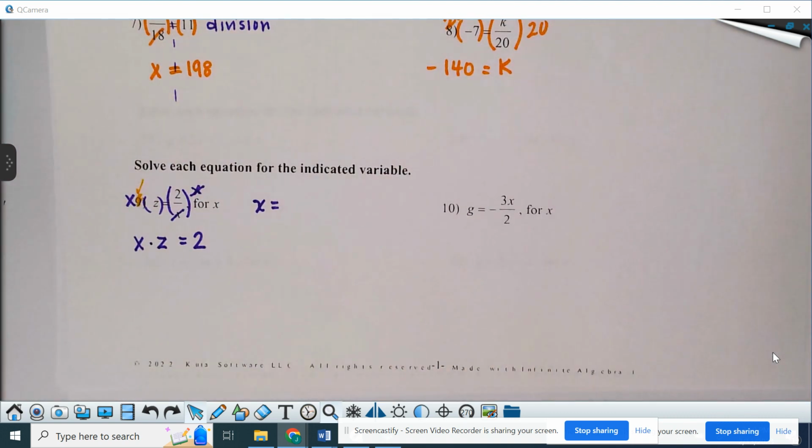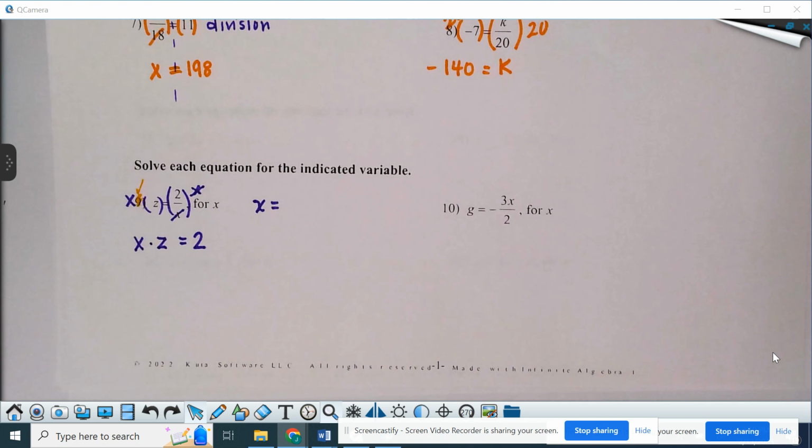Since it's x times z and I want x by itself, how can I get rid of the z? What would be the inverse of times z? Yep. And just because it is division, good job. So x times z, to undo times z, we're going to divide.